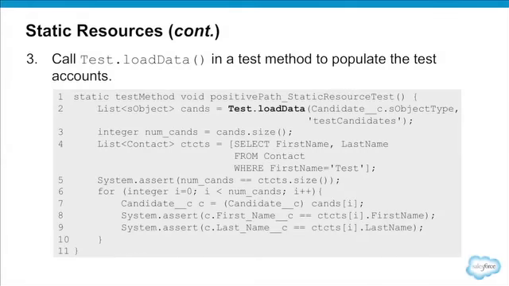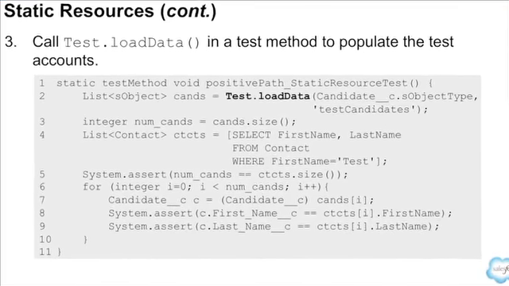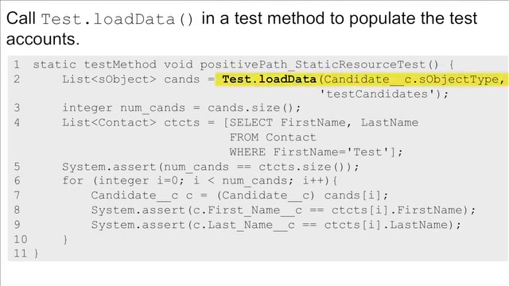Then what we can do is use Test.loadData. You're going to specify the object type using this notation, so in this case it's going to be Candidate__c.sObjectType. And then the second argument is the name of the static resource that is the CSV file.